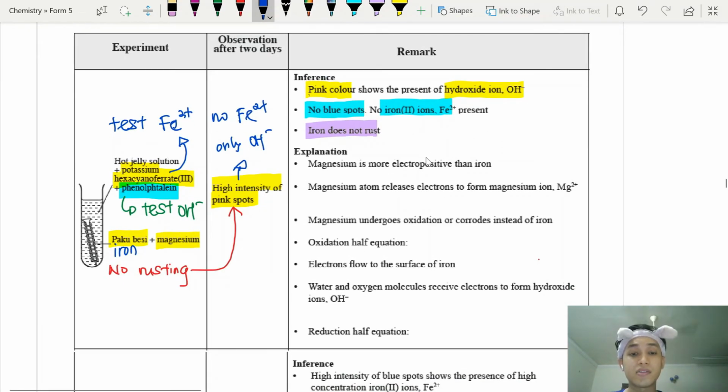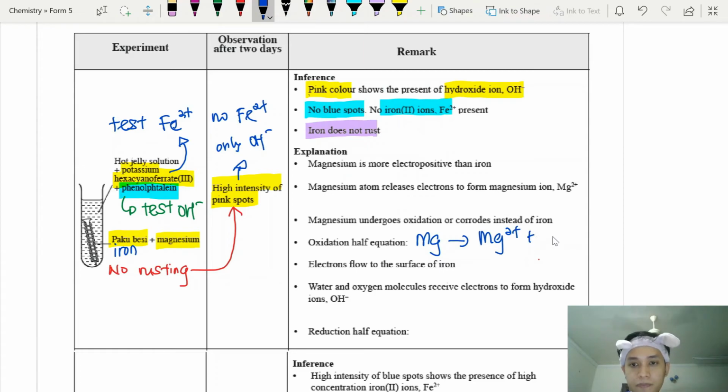And then if you want to explain why, you always write this in your answer: magnesium is more electropositive than iron. Always start with this one. So magnesium releases electrons to form magnesium ion, so it undergoes oxidation.